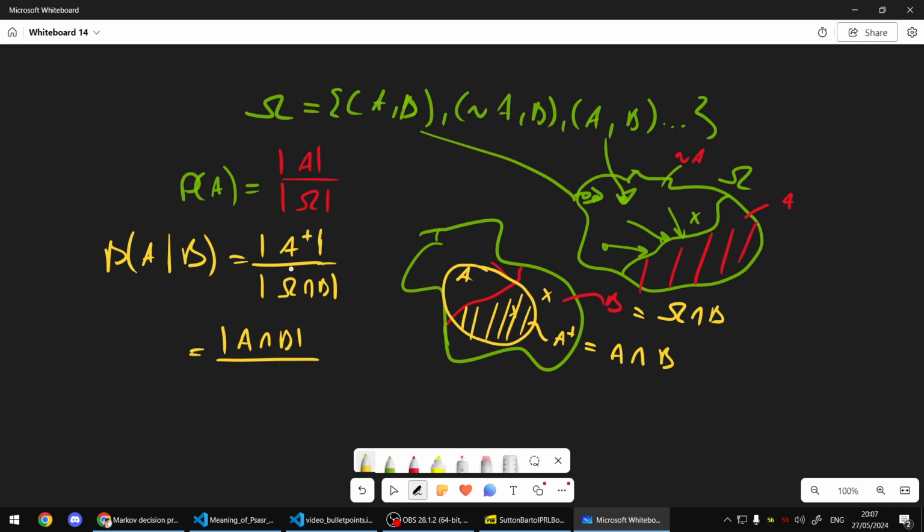I can write the bottom half as this, but again it's kind of trivial. Nope, I had to write B. So in the language of probabilities it means A comma B, which means A and B satisfied, divided by the probability of B itself.